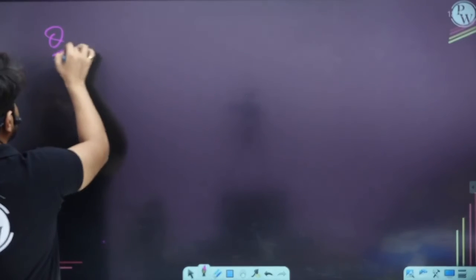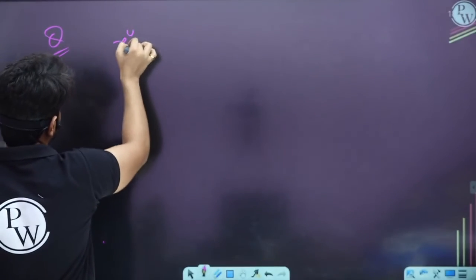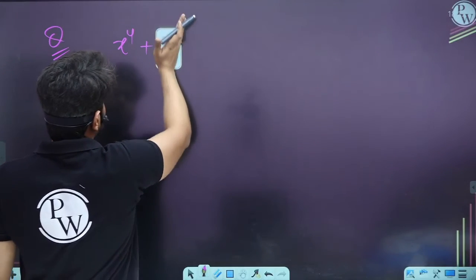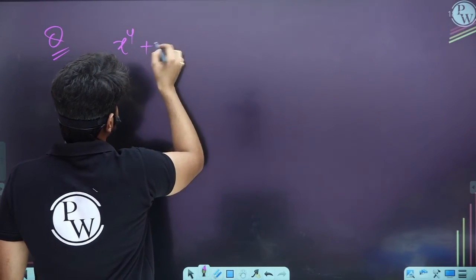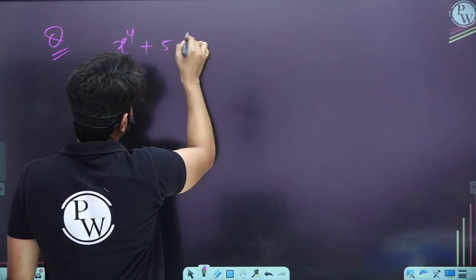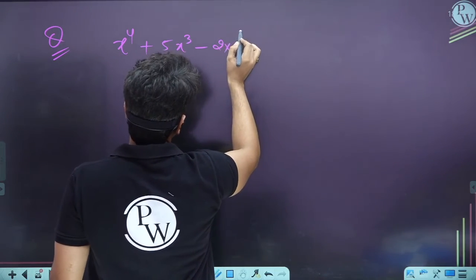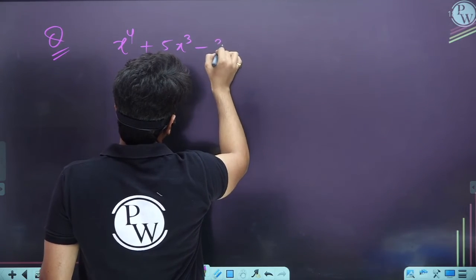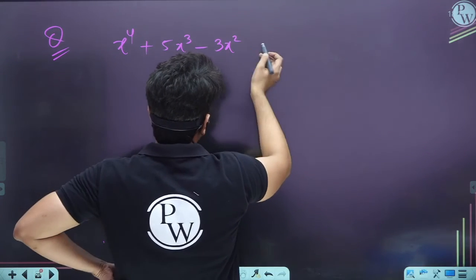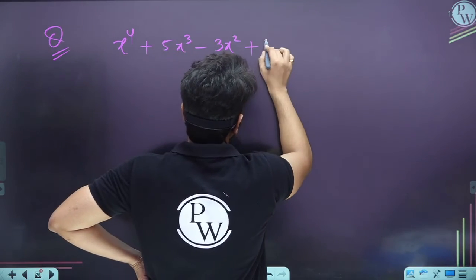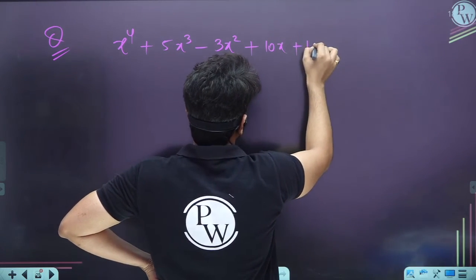Like suppose I write a degree 4 expression, x raised to the power 4 plus 5x cube minus 3x square plus 10x plus 1 is equal to 0.